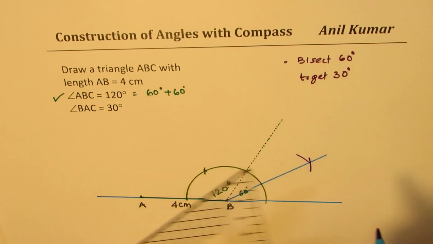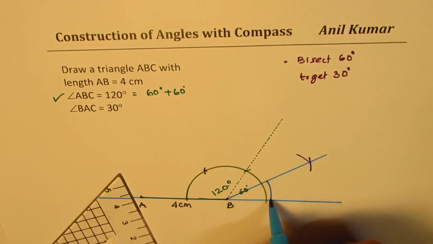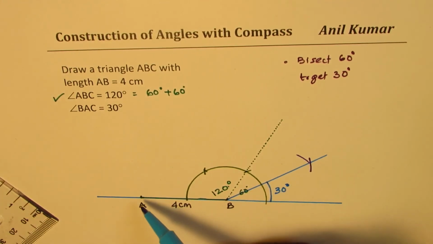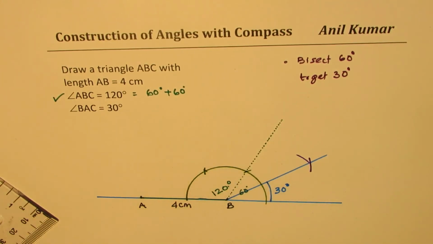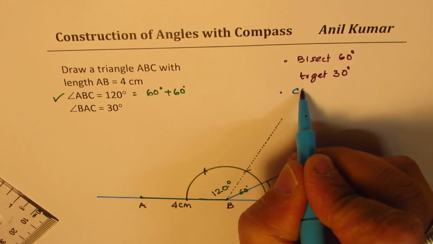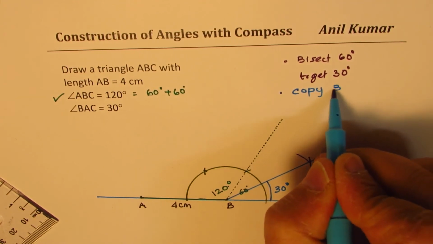So what we notice here is this portion is 30 degrees, right? So if I copy this 30 degrees on A, then we could complete the triangle. So the next step is to copy 30 degrees.